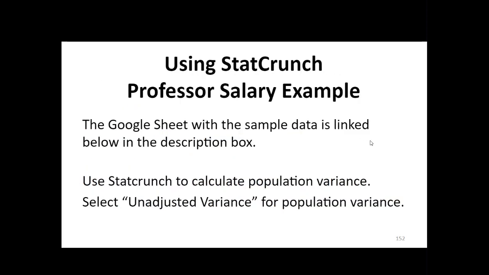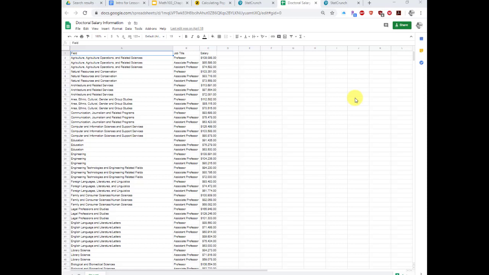Now let's go ahead and use StatCrunch to do a sample problem. We're going to go ahead and use the same data that we used a little while back on Professor Salaries to calculate variance for a larger data set using technology. Okay, so I've got this doctoral salary information, and I'm going to go ahead and highlight the areas that I need here.